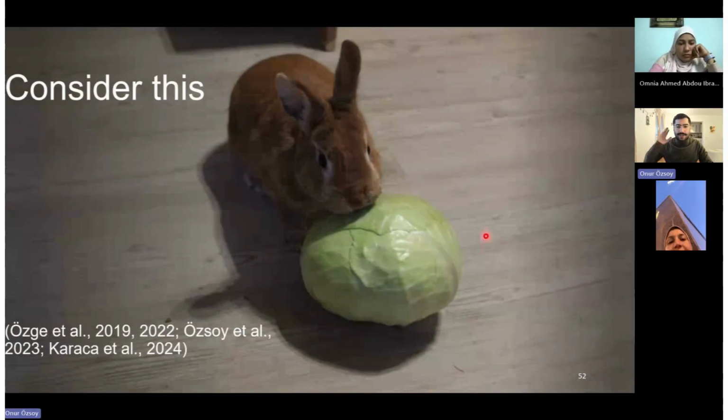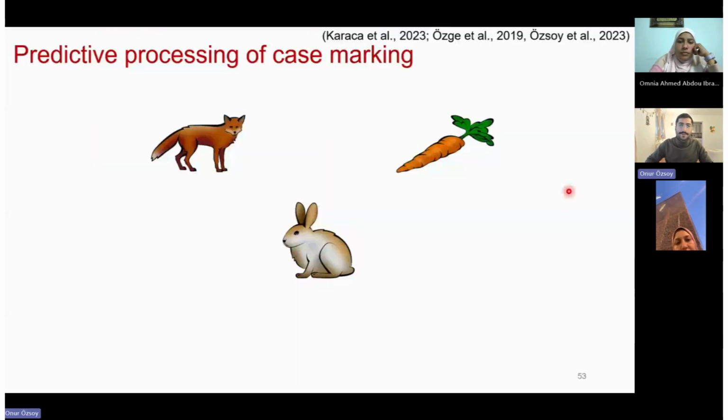And to get our head into this, I want you to consider this rabbit, because the rabbit plays a crucial role in the study. Here it's a rabbit with the cabbage, which is for the German version of the study. In the Turkish version, it's a rabbit and a carrot.